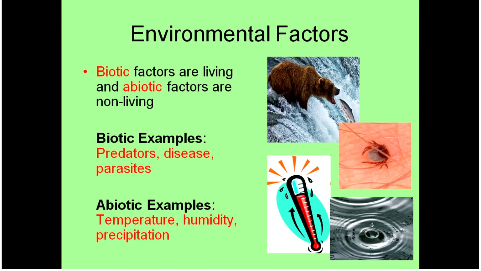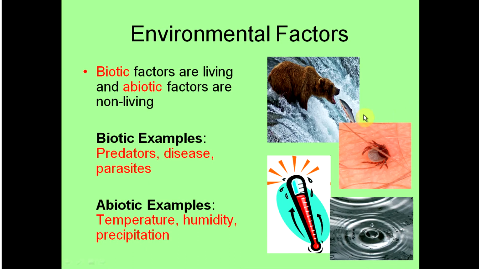Okay. So within the environment, we've got both biotic and abiotic factors. Remember, biotic, bio stands for something that's living, and A usually means not. So abiotic would be something that's not living. An example of biotic factors might be predators, disease caused by a living organism like a bacterium or a parasite.